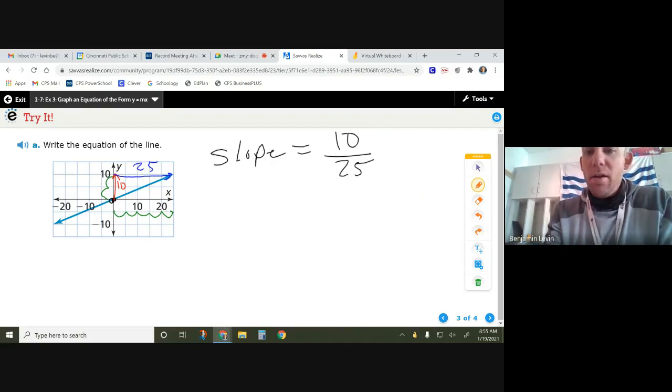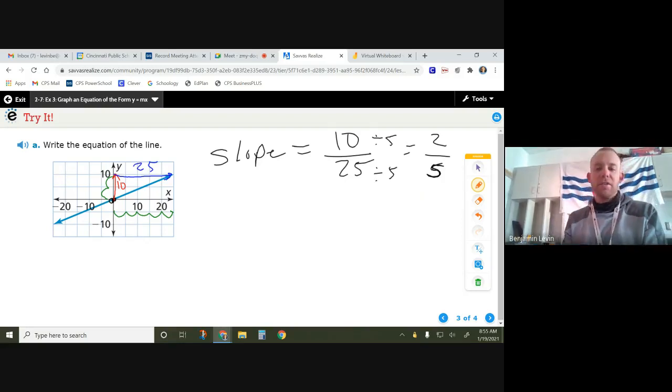So 10 divided by 5 is 2, and 25 divided by 5 is 5, right? We always need to put this in simplest terms, which may or may not be the hardest thing to do in this whole thing, depending on how you do math. So our slope is 2 over 5.